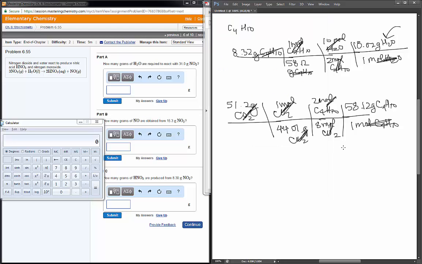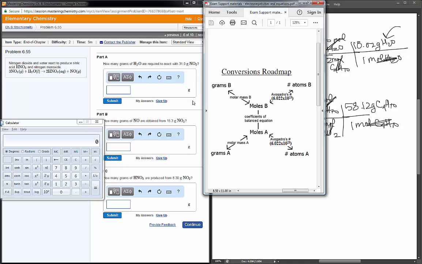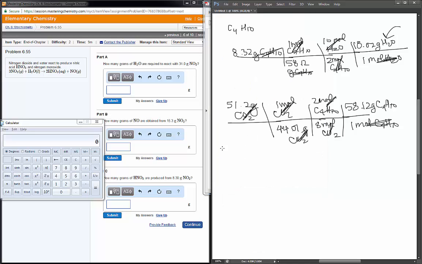So we come here and we see, according to our roadmap, starting from grams of A, we want to go to moles of A using the molar mass of A. So if A is NO2, 31 grams of NO2, we want to get moles using molar mass. 1 mole of NO2 has a certain number of grams.